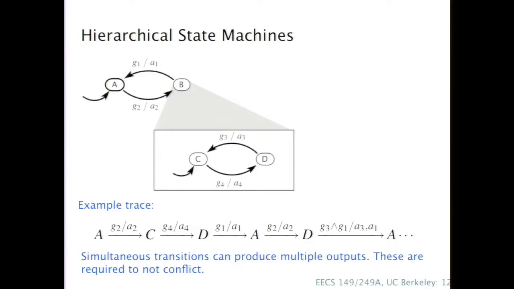Okay? A third possible choice is there actually is a well-defined order to how these assignments are done, because the refinement always reacts before the containing machine. So as a consequence, these assignments to the output do occur in order. You could say, well, the output is going to be the first value, or it's going to be the last value.